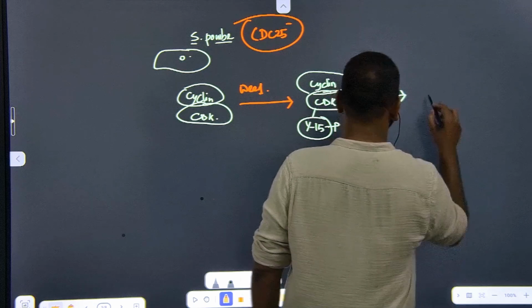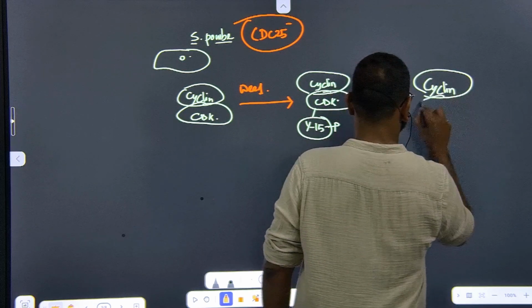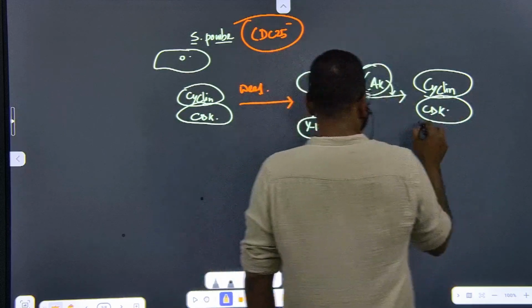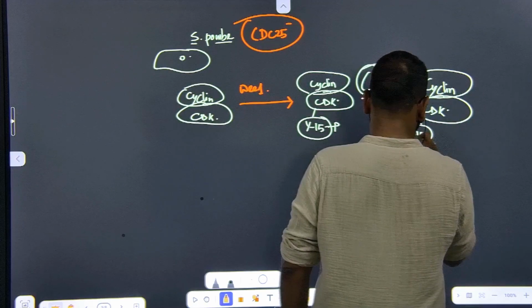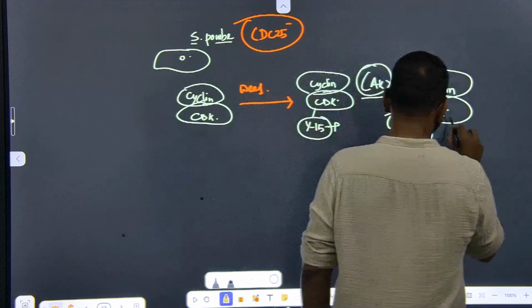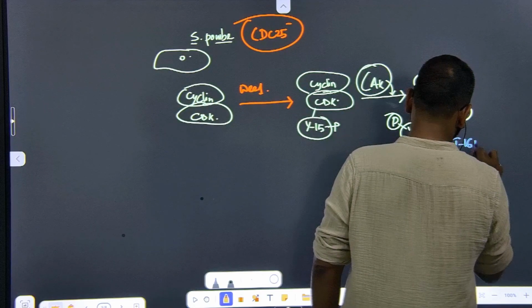CAK, as we all know, apart from tyrosine 15 phosphorylation, what will it do? It will phosphorylate our threonine 161.